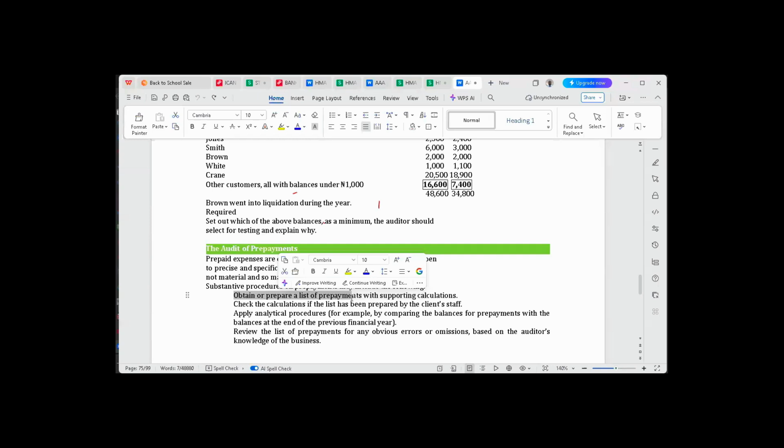So for instance, your ISP, your internet expenses, is usually prepaid. Your electricity also is prepaid. You paid in advance, before you use it. Now, you need to obtain a schedule for all of this, looking at the calculation, how you arrive at it.